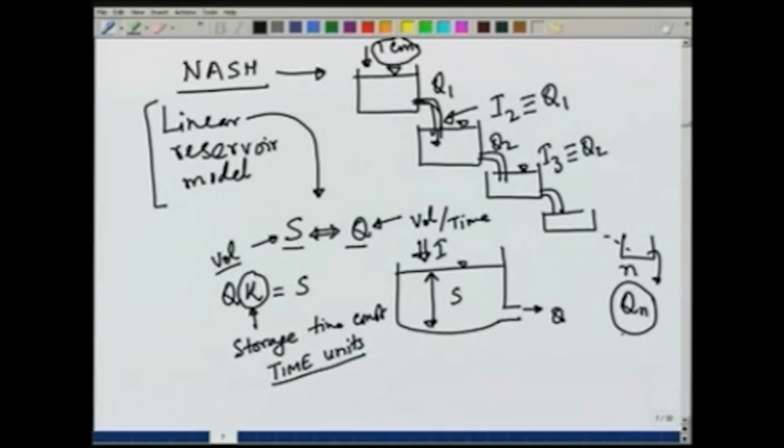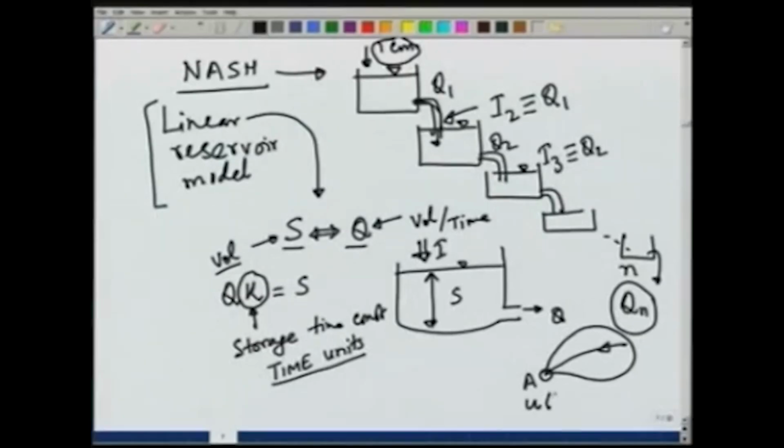This Qn represents the outflow at point A, and therefore, since this is the outflow because of 1 centimeter of rain falling instantaneously, it gives us the ordinate of the IUH.